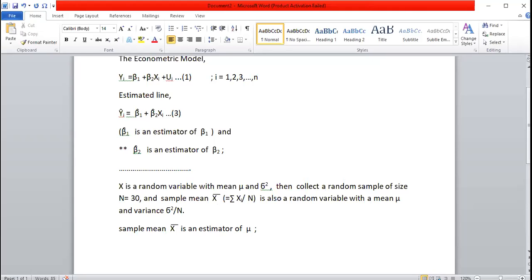Guess what? What can be an estimator of sigma square?